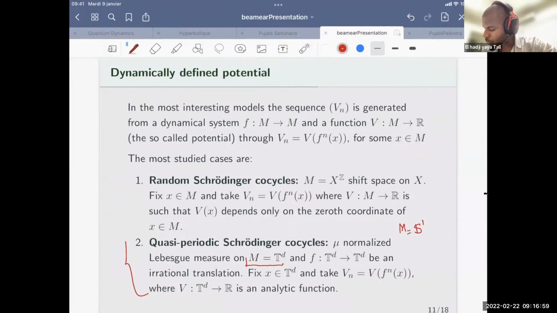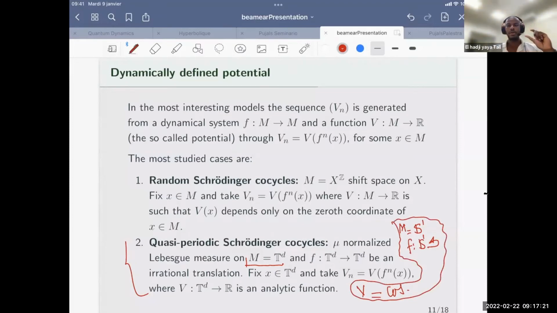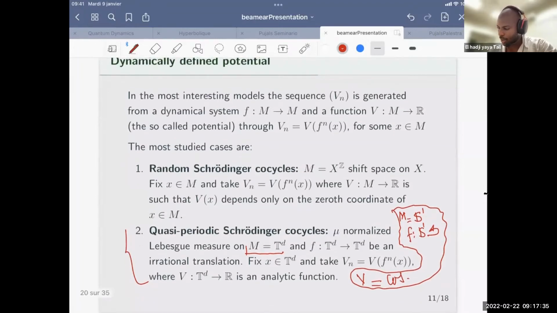You take f to be an irrational rotation on the circle, a rotation on the circle by an irrational angle, and you can think of V to be the cosine function. And even in this simple situation where your manifold is the circle, your transformation is an irrational rotation, and the potential is a cosine function, it's hard enough. You can find in the literature many works that have been done for these cases.